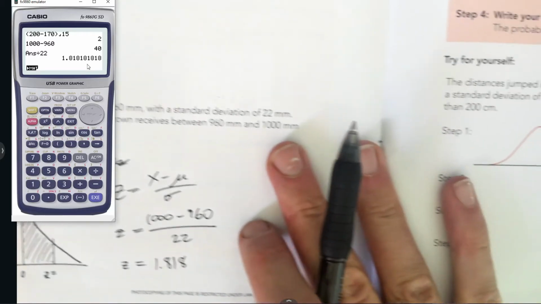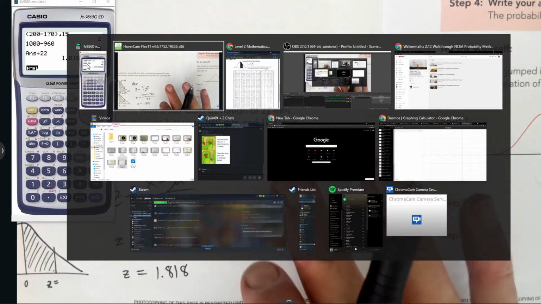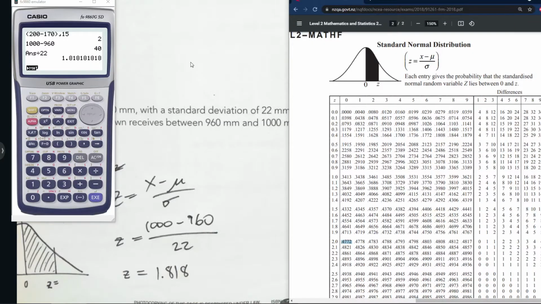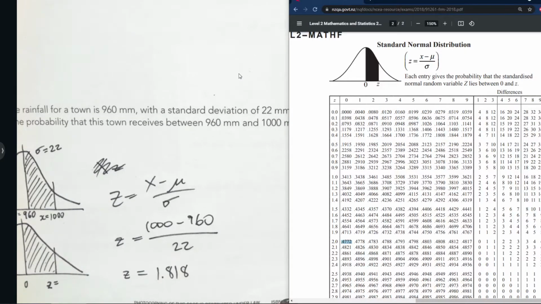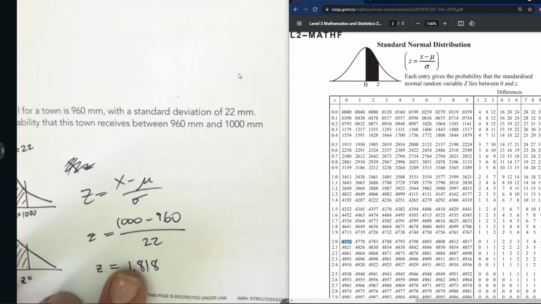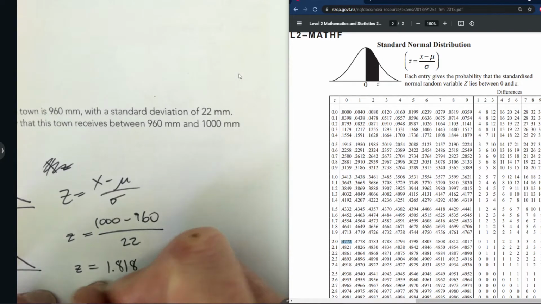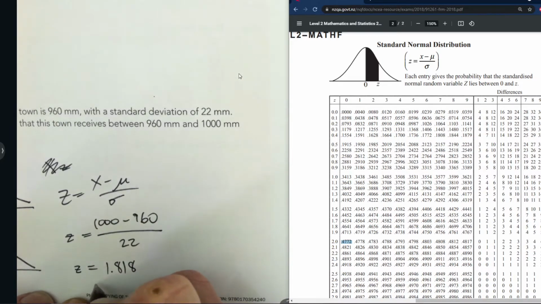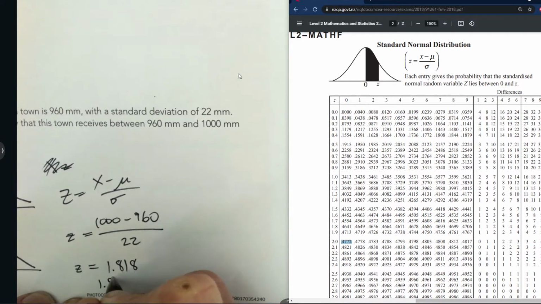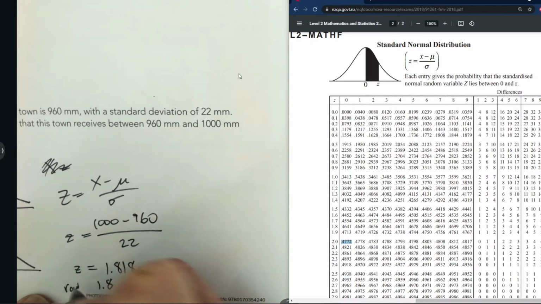That's good. Okay, so at this point we don't really need a calculator anymore. We do need the Z table. We're trying to find the Z value of 1.818, and I want to make this really clear. We're going to look for 1.8.